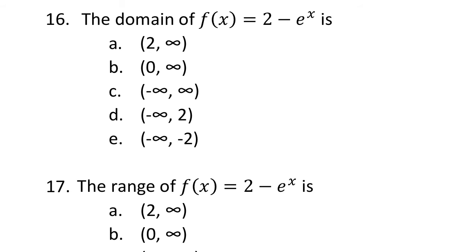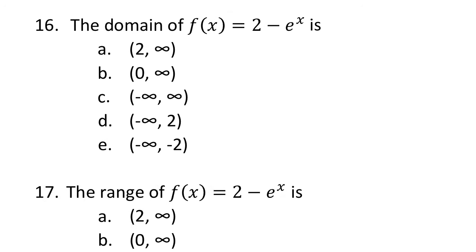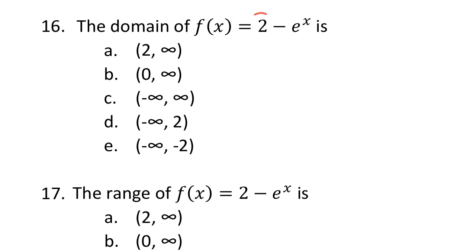Okay. We know that this 2 we see in front is really supposed to be at the end, so it's more likely f of x equals negative e to the x plus 2. The reason I put that there is that 2 drives the asymptote up and down, and the asymptote that an exponential function has is a horizontal asymptote.